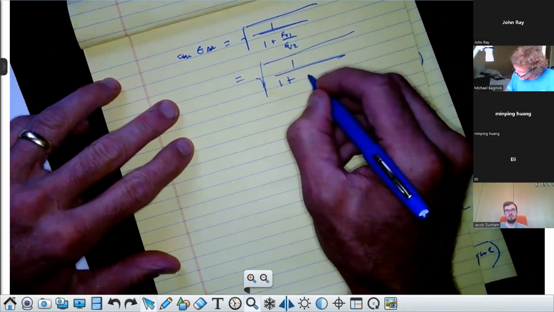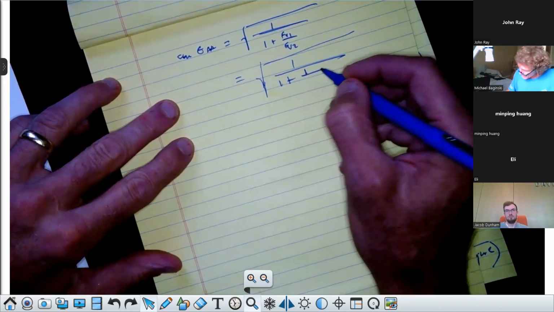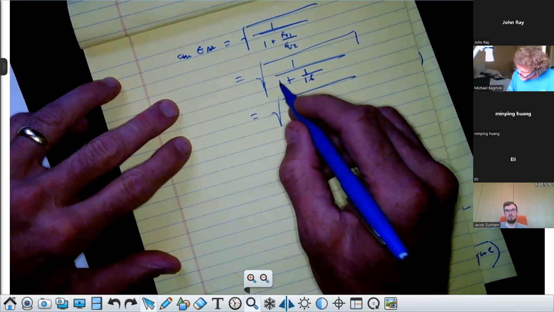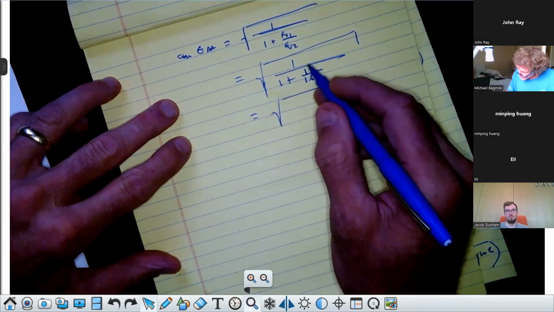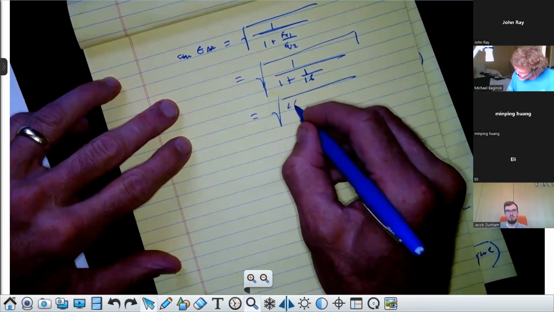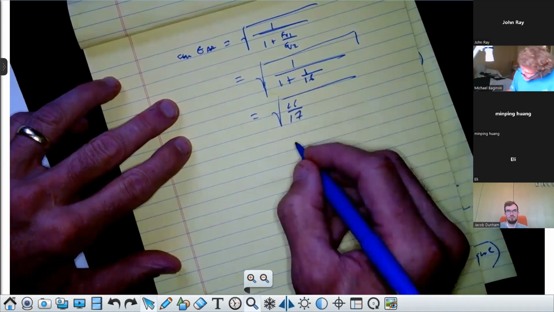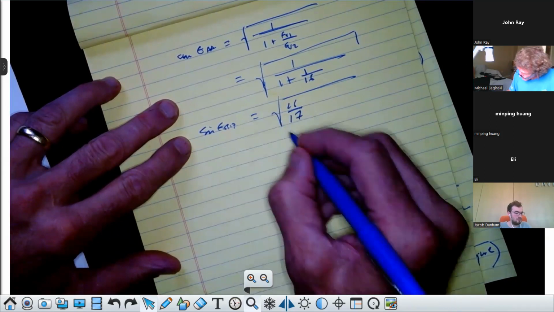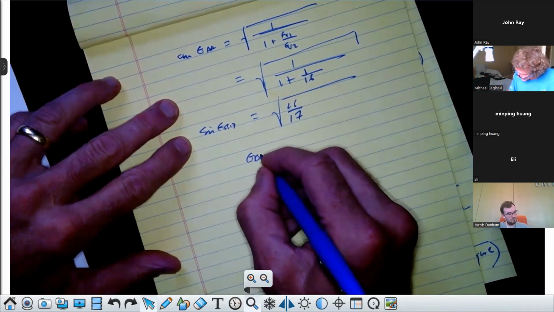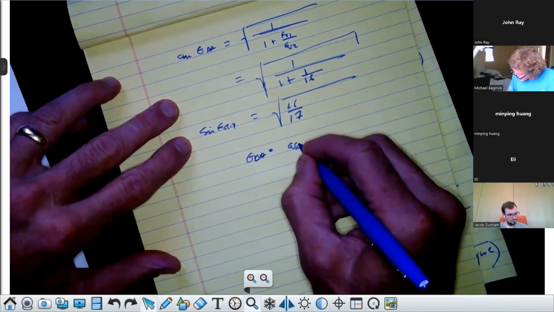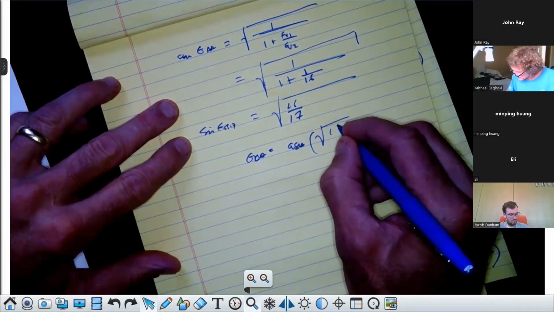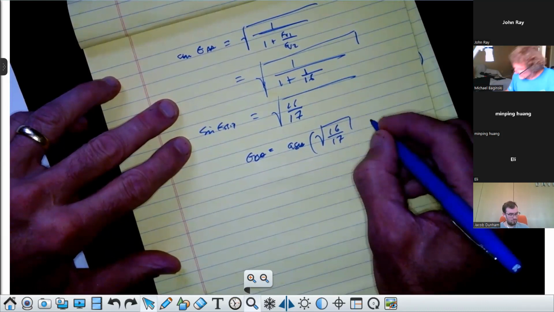You correct me if I'm wrong on that. And that means this is going to be the square root of, that's 16/16 plus 1/16 is 17/16, or this is going to be 16/17 is the sine of the Brewster angle, or the Brewster angle is just the arcsine of the square root of 16 over 17. And I'll do that right now.